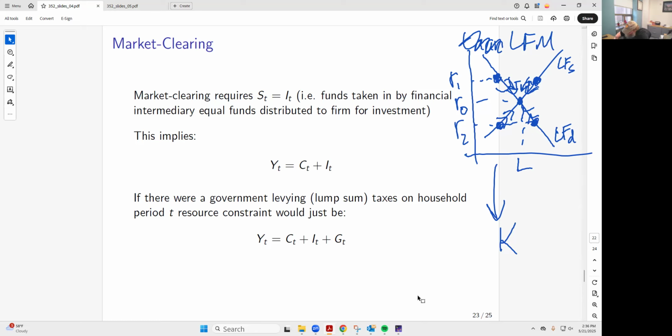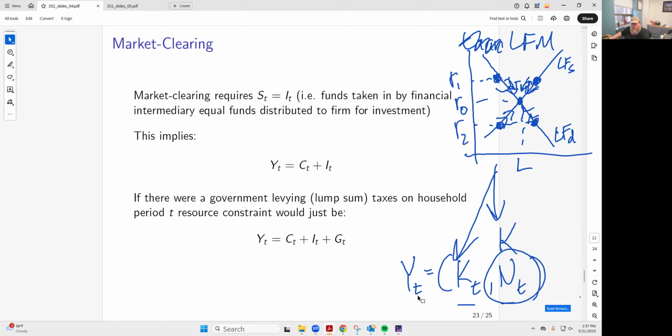And so later on, when we argue that the production function looks like this, as we did before, capital and labor, then you can see how the loanable funds market is part of the equilibrium in the macroeconomy, because it creates equilibriums in capital markets, just like the labor market created equilibriums in the labor market.